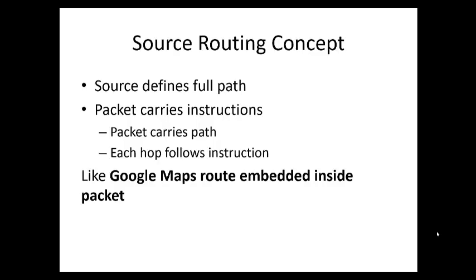The packet carries the path, and at every hop the routers in the path need to simply follow the instruction. Same like Google Map. You want to go somewhere, you open Google Map and set the destination and say avoid the path which has got more traffic.